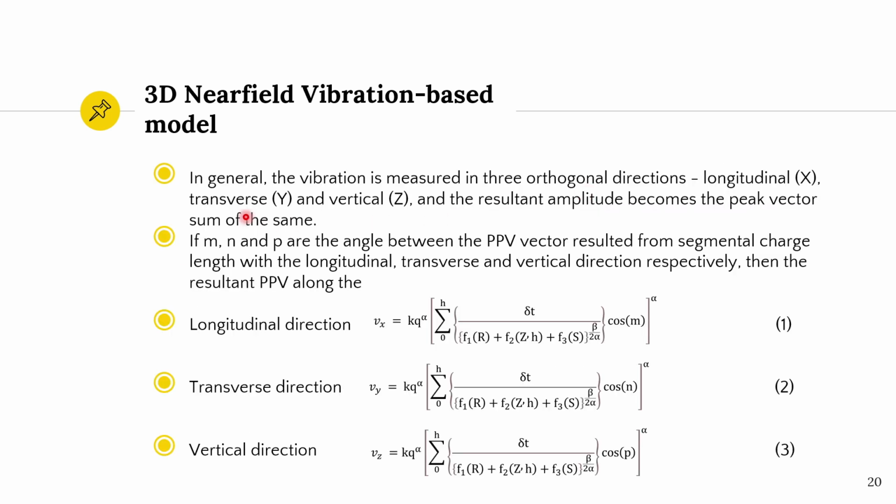Then, in general, the vibration is measured in three orthogonal directions, that is longitudinal, transverse and vertical, and the resultant amplitude becomes the peak vector sum of the same.